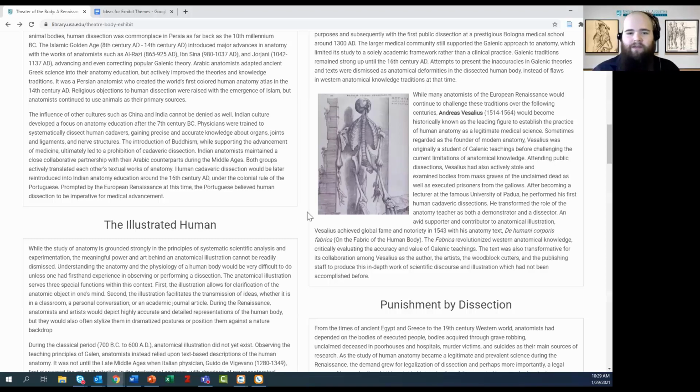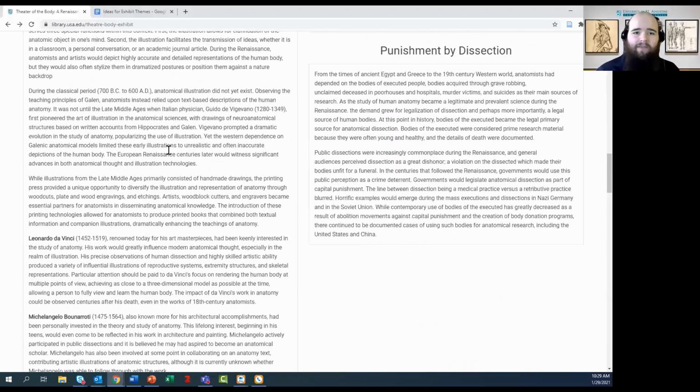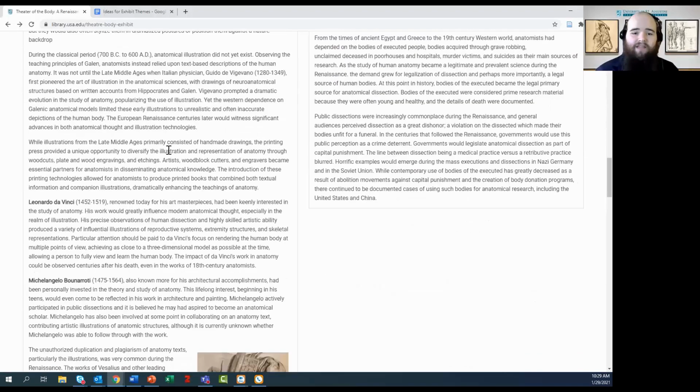And then we also talk about the illustrated human, and the technologies back then as well as now, in terms of how that developed from sketches, because anatomical illustration really didn't begin until about the late Middle Ages.